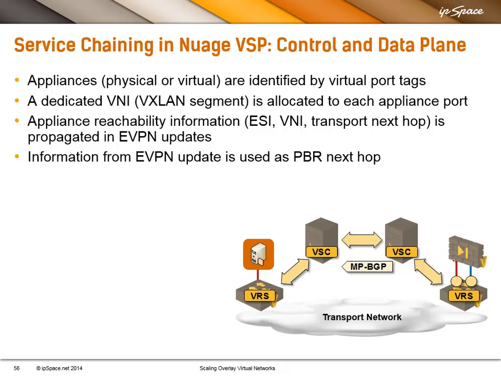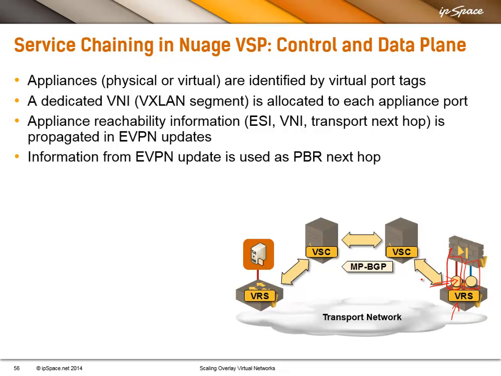So this would be an independent segment, and this would be an independent segment. Then the information about the appliance, the transport next hop and the segment is propagated in an EVPN update like in any other case.